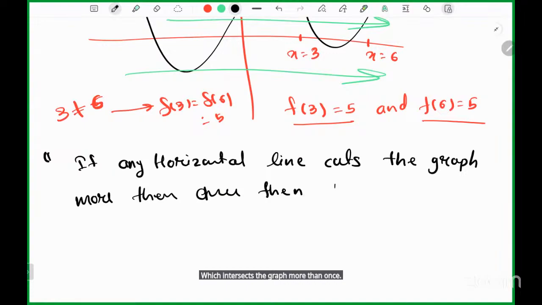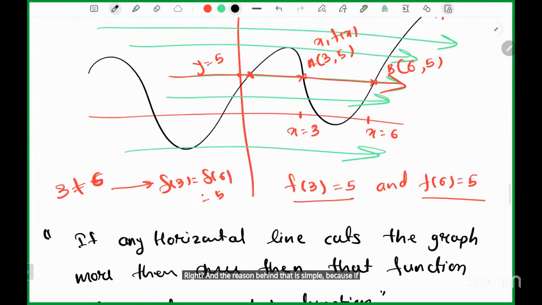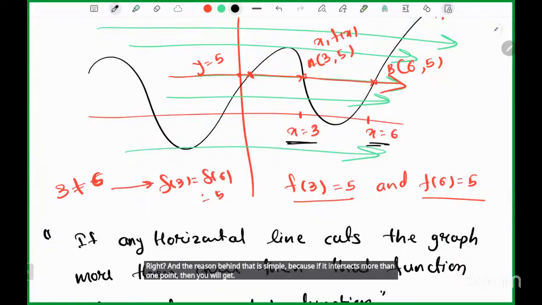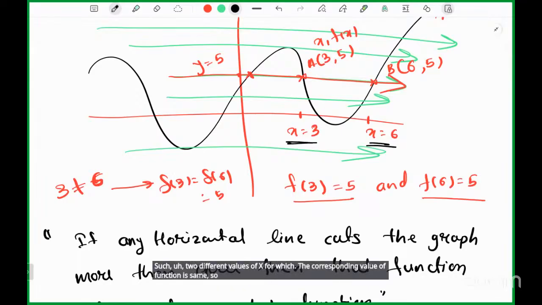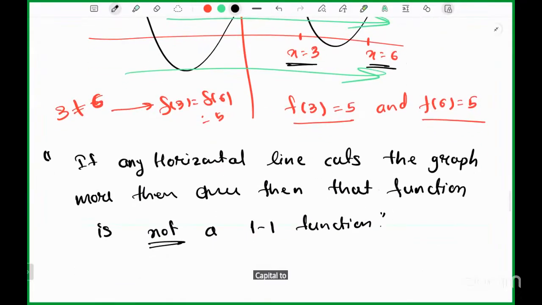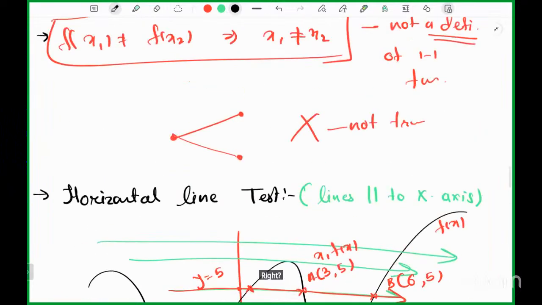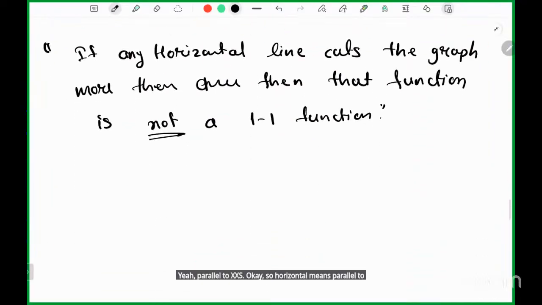Then that function is not a 1-1 function. The reason behind that is simple: if it intersects at more than one point, you will get two different values of x for which the corresponding value of the function is the same. So for two different inputs, you will get the same output. Is that clear? It should be parallel to the x-axis, yes. Horizontal means parallel to the x-axis only.